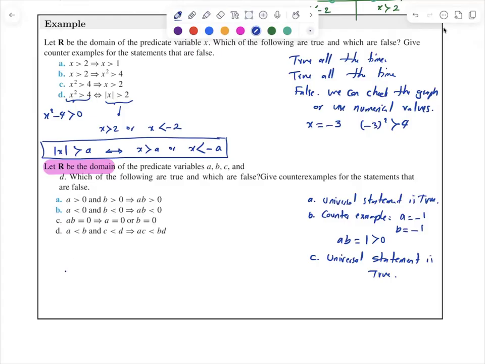For example, if I take A to be -2 and B to be 1, well, obviously -2 is less than 1. Take C to be like -3, which is less than, let's take D to be 1 again. It doesn't matter. Then AC is +6, which is not less than 1 times 1, which is 1. This is a false statement. So D, we can find a counterexample.